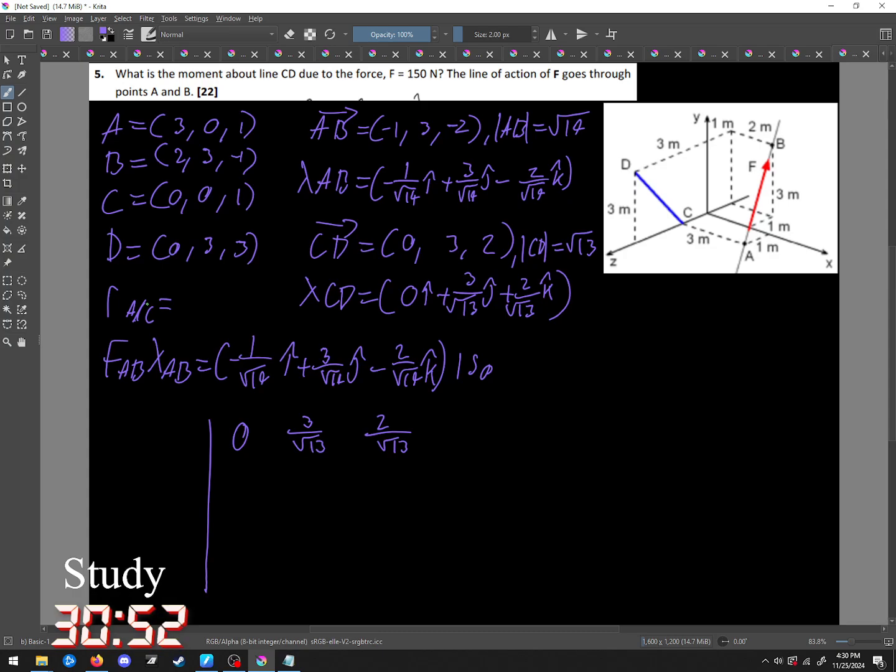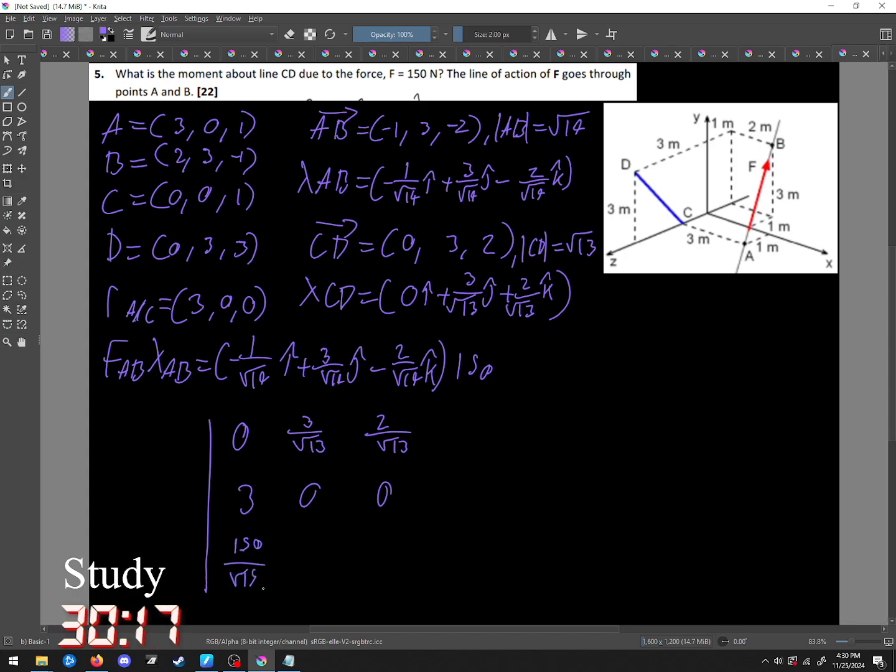We don't have AC. So that would be, really should be CA, shouldn't it? The distance here would be 3, 0, 0. This would be 3, 0, 0.